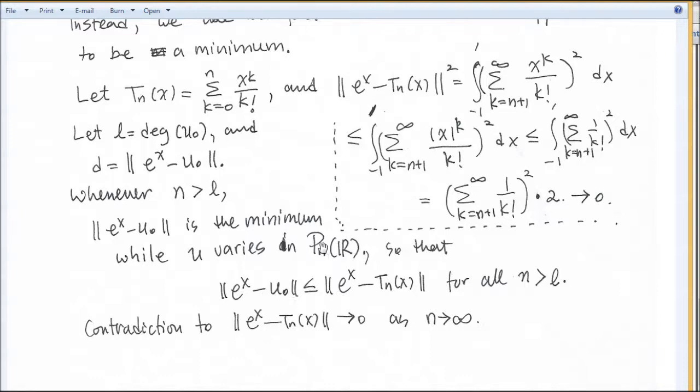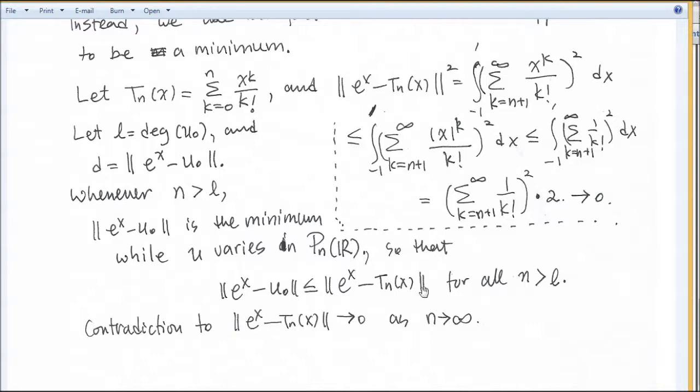But this never changes as we change n to n plus 1, n plus 2. It's always a minimum, no matter what your finite dimensional degree n polynomial is. But we just showed that this one actually approaches 0, right? And this one never changes. There's one polynomial u0 for which the metric of e to the x minus u0 is the smallest you're going to get.